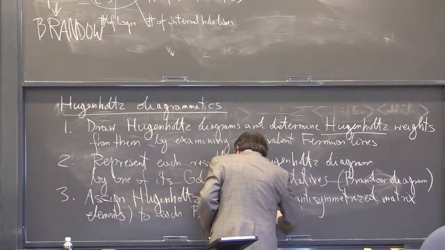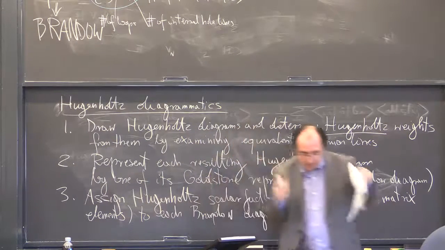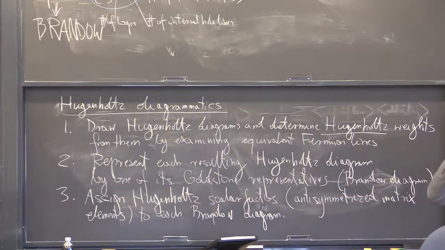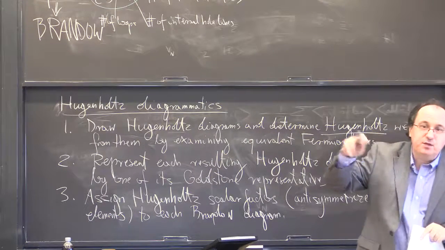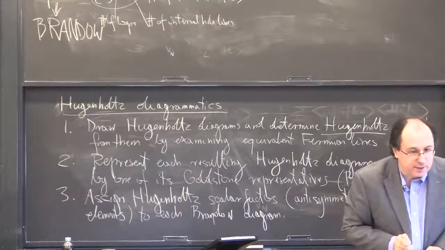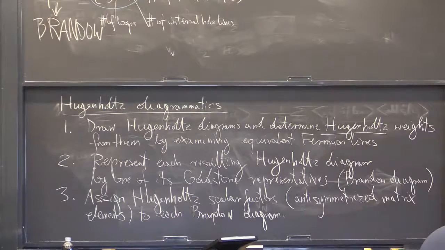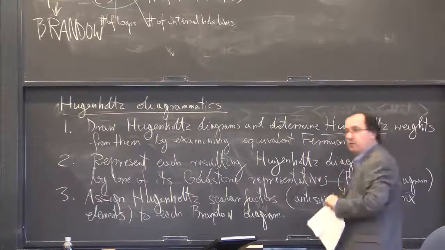So as I said already, you look at the Brandow diagram, you read the matrix elements, but you stick the A symbol at each one of them because they really are Hugenholtz vertices, just expanded back, to pick up all these other Goldstones that you don't want to draw.